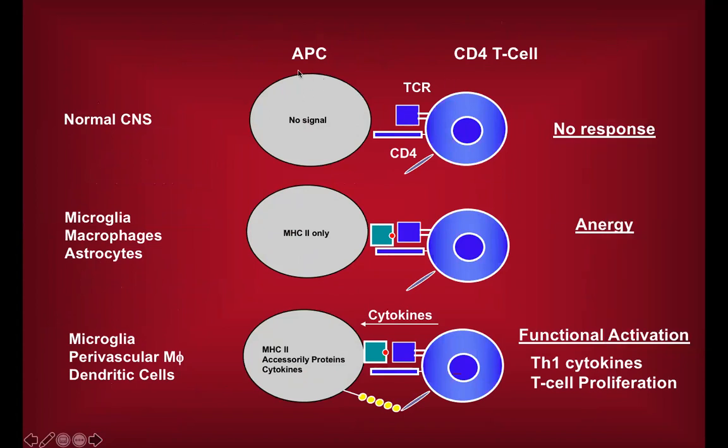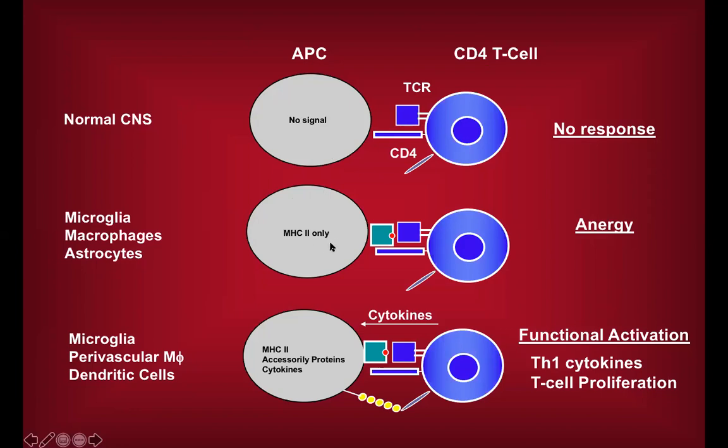So in the normal CNS, our antigen presenting cells, like our microglia, really don't express anything. If they come in contact with a T cell, there's no response, right? If some situation happens, let's say we have a viral infection and we start to see cells increase MHC class 2 expression.